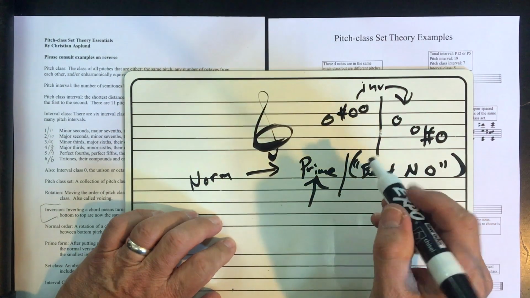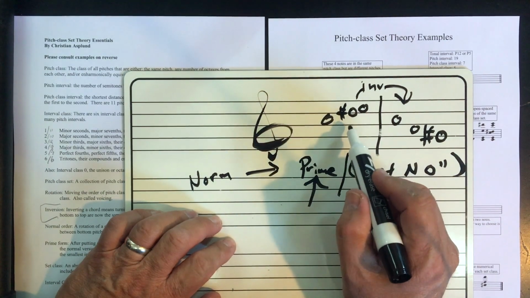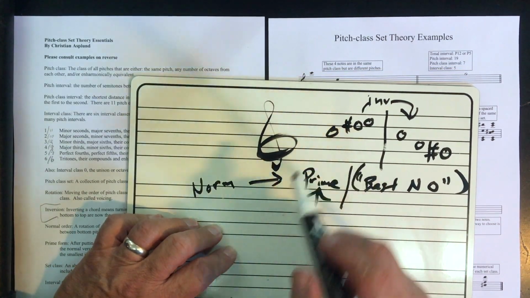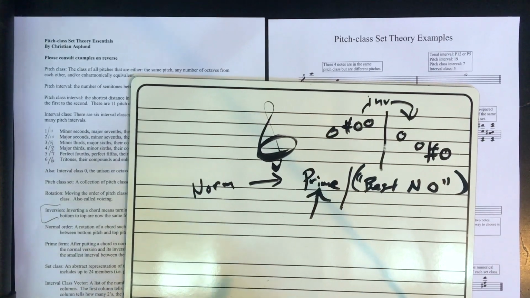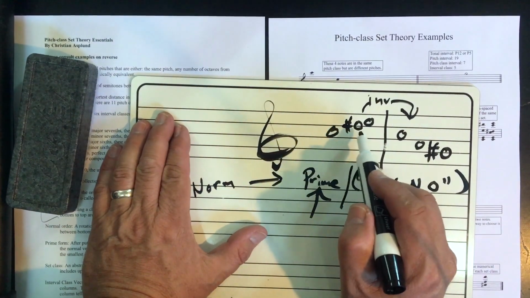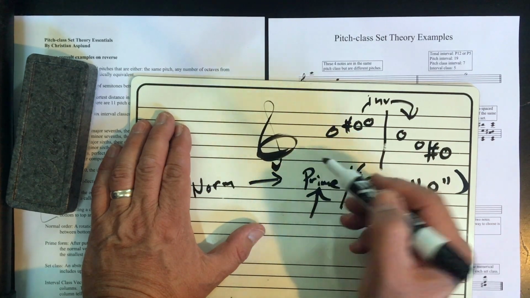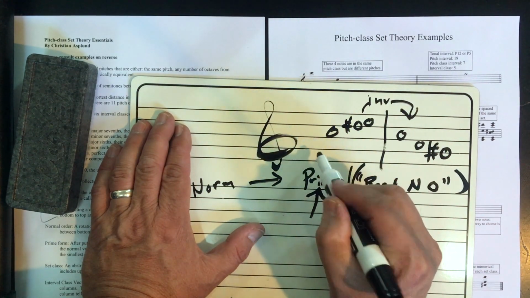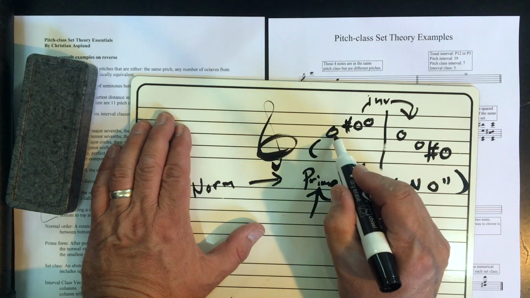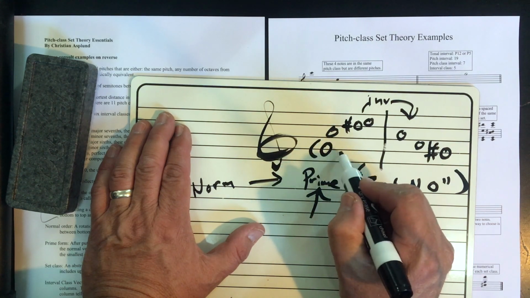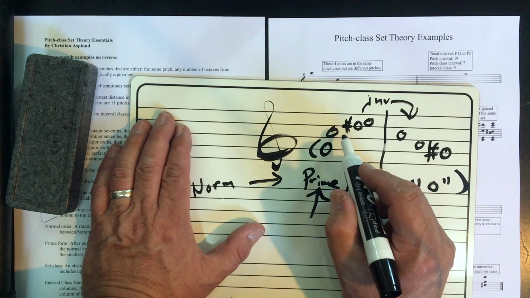Another way to look at it is we're going to start using our numbers, okay? And we already learned how to count intervals. Well, now we're going to go a little bit further, and we're going to use a little parentheses. We're going to call the bottom note 0. We can use commas if we want, or we can leave them out.